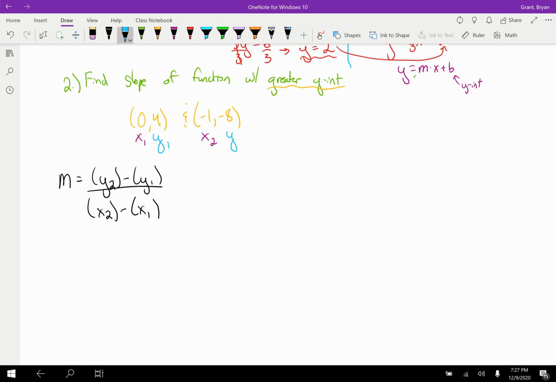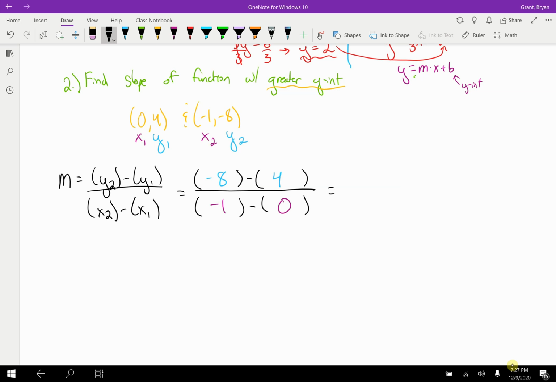Same thing with the y's. First y, second y. And now we can fill in our slope formula. It's probably a good idea to start with just the parentheses and the minus that separates them, or maybe connects them, so that way we don't lose anything. And then y sub 2, -8, y sub 1, 4, x sub 2, -1, x sub 1, 0.